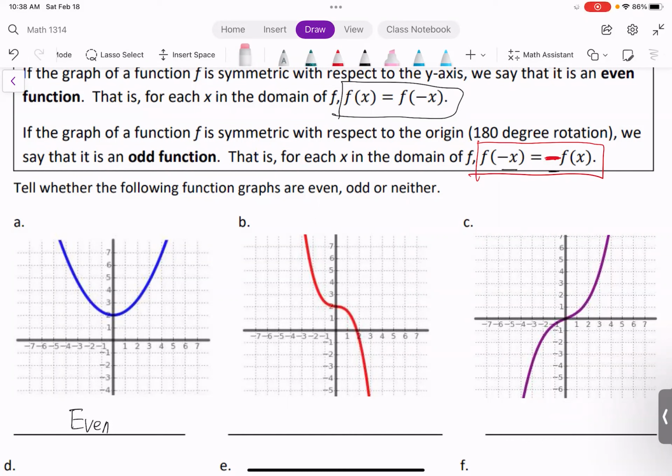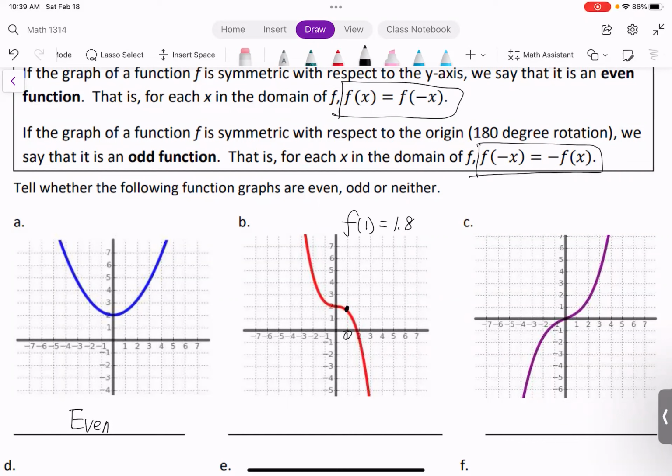Next one, is this even, odd, or neither? You said odd function, I can rotate 180 degrees, and then they have the same graph. But I don't know how to rotate on my screen or on my paper. So I can use the test here. I find an input, for example, what is f of 1? f of 1 is a point here, about 1.8.